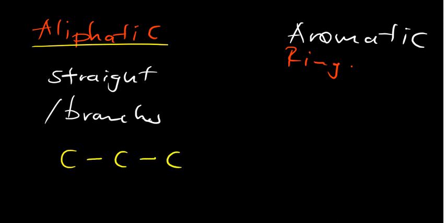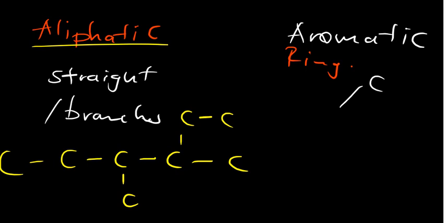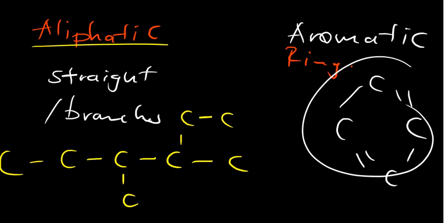It may have branches like that. As long as there's no ring structure there, it's aliphatic. But there are going to be cases, like the one that I drew, where it's a ring. So this is aromatic.